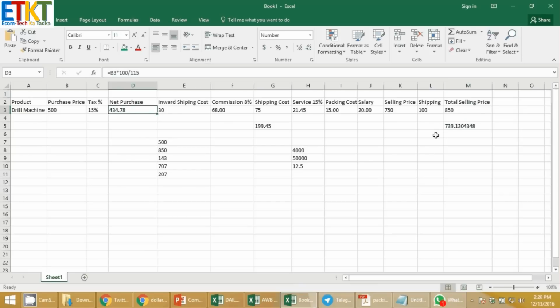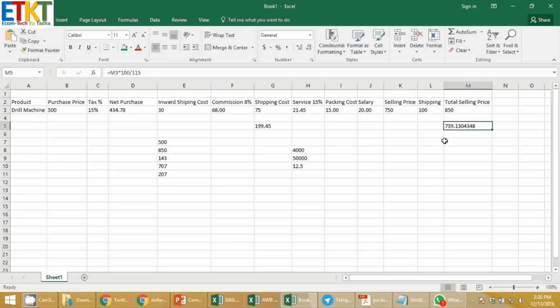Okay, because what is happening here, the tax that is calculated, the tax is not going to you, it is going to the government. So although you collect the tax from the customer, you have to pay that tax to the government. So you're not going to make the profit from the tax collected amount.